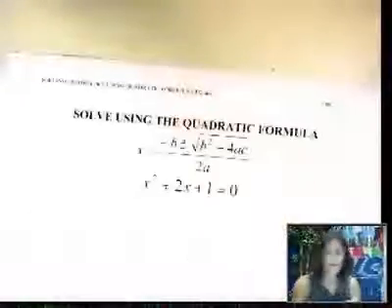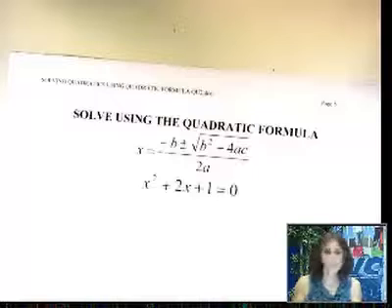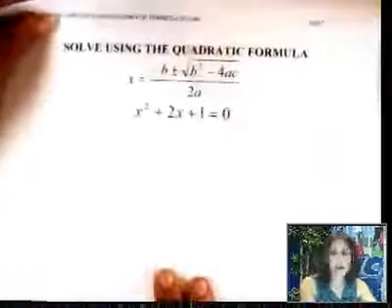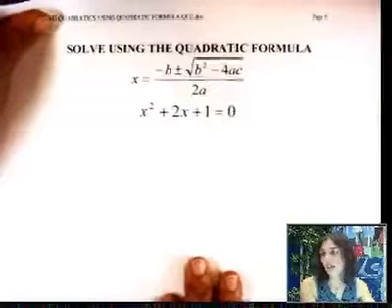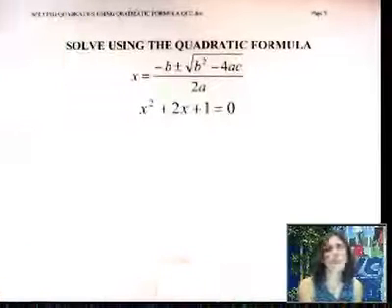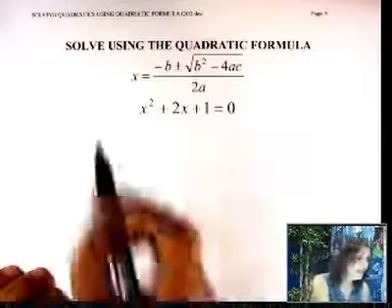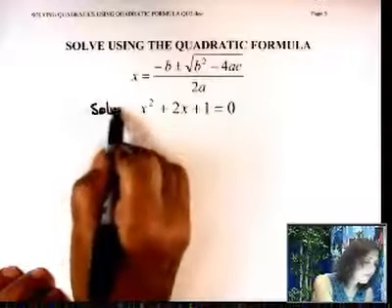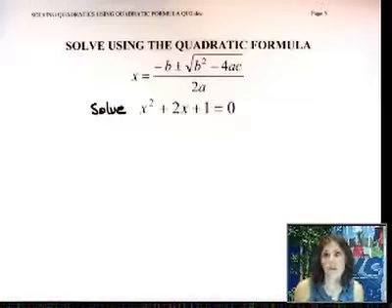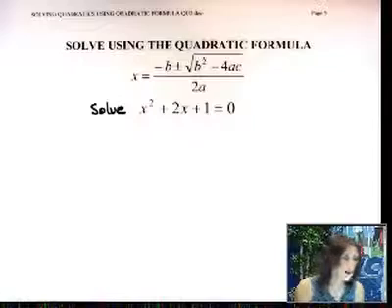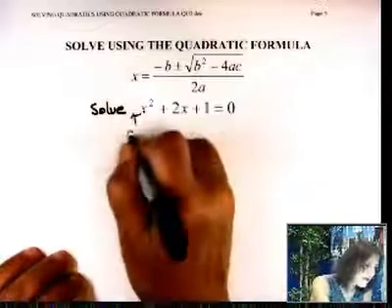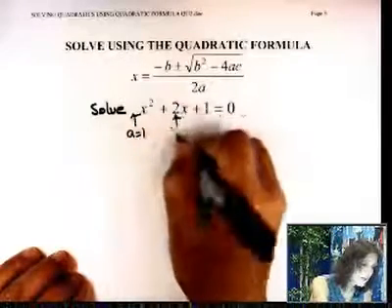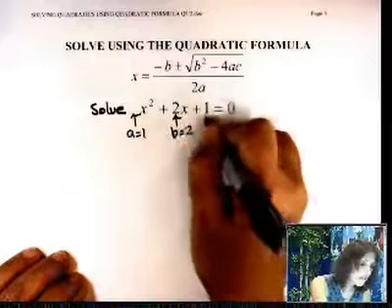All right. Now that we have our quadratic formula, how do we use it? I'll give you the steps, and if you follow the steps, you'll be in good shape. The question is solve. The first thing, using the quadratic formula, write the a, b, c down. A is this guy, b is this guy, c is this guy.